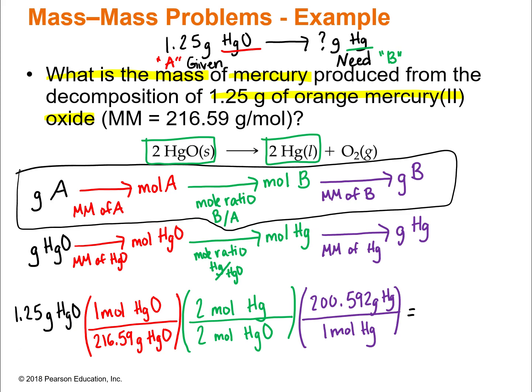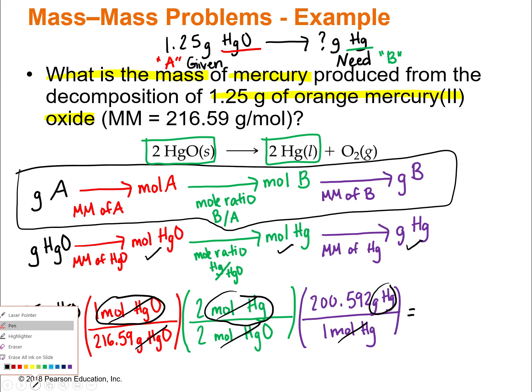You can check them against your plan because your plan has all the units that you're trying to jump to. We started with grams of mercury 2 oxide. And we got to moles of mercury 2 oxide. Then we used the mole ratio to get to moles of mercury. We used the molar mass of mercury to get to grams.